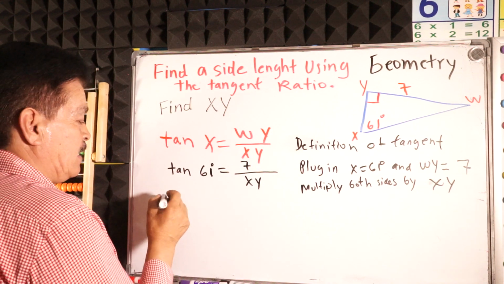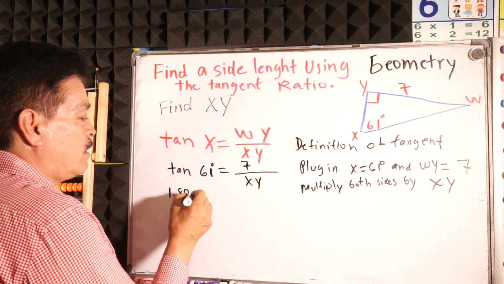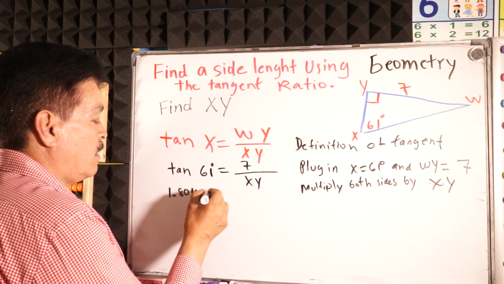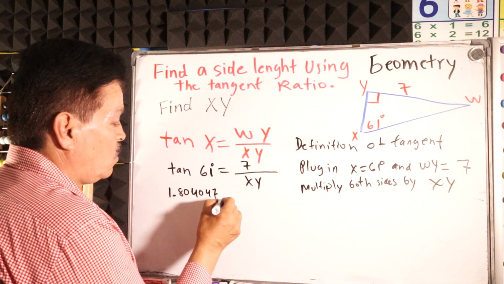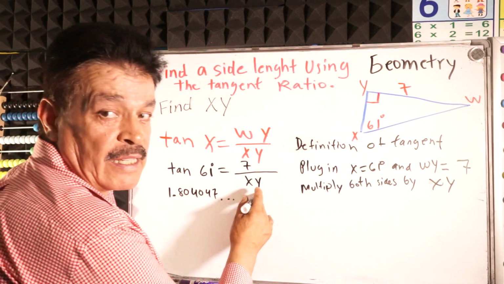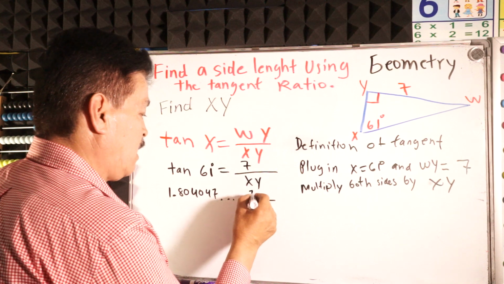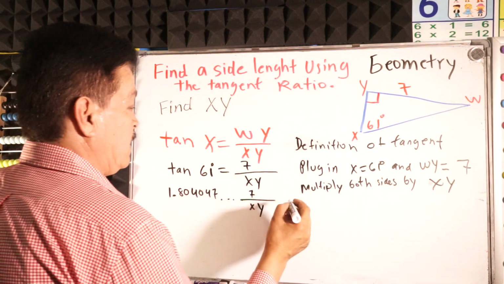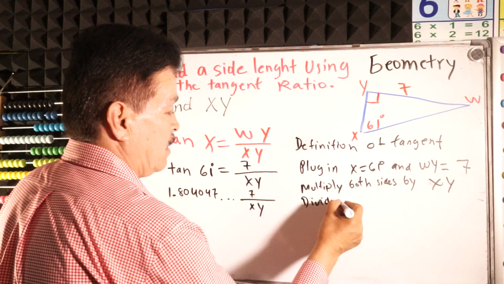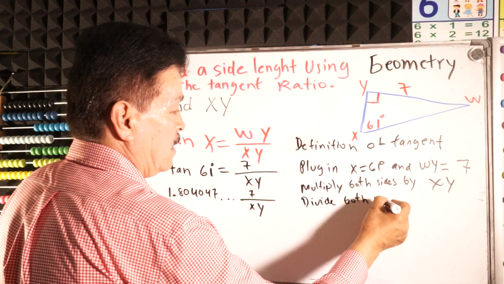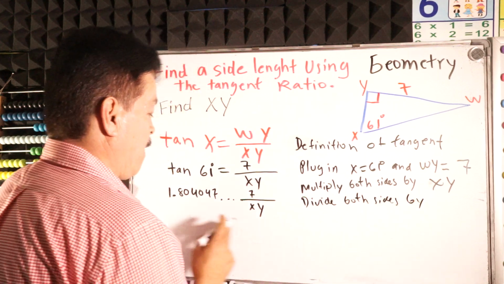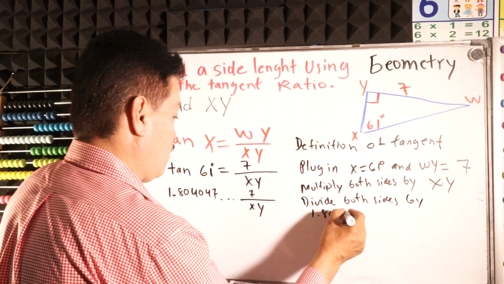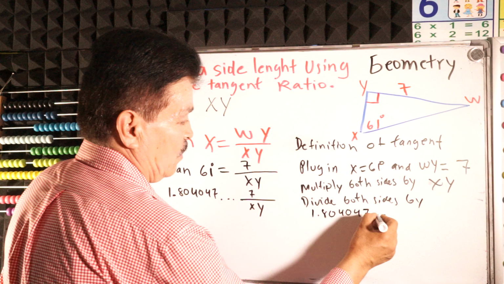Using your cell phone, you can find it. Continue by dividing both sides by the tangent of 61, the number 1.80 and so on.